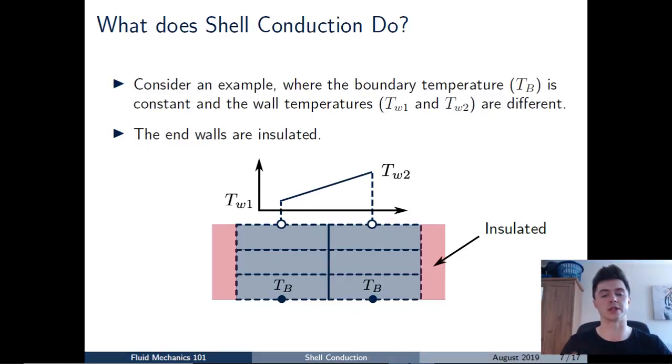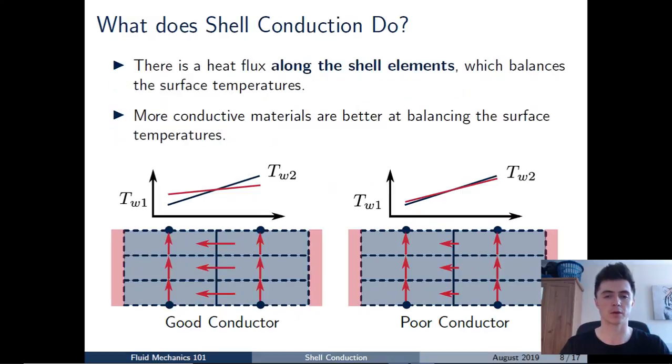At the boundary between these boundary conditions, the ends are insulated, so heat will not leak out of the sides where we can see the red on the slide. However, because we do have shell conduction, heat is free to transfer between the cells within those shell conduction layers. Now we're going to look at what effect shell conduction has on the wall temperatures TW1 and TW2.